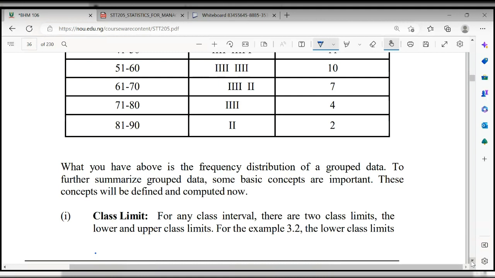By the time you finish spreading it accordingly and you add it together, it should be 50. If what you got is different, then you are wrong. Okay, let's continue.